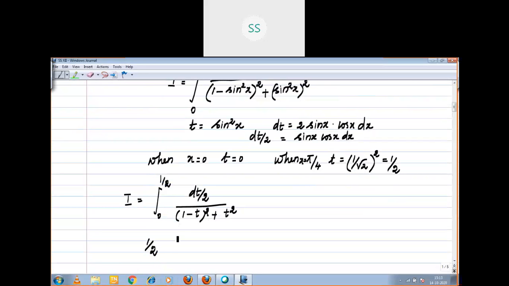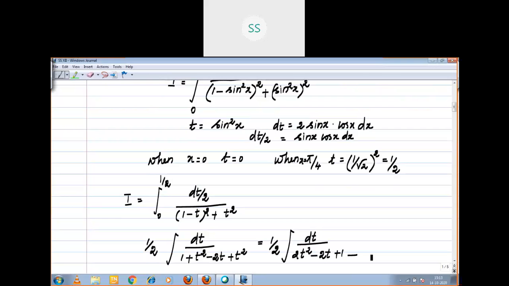Now, 1 by 2, you have to take it out. Integral dt divided by, we apply the a minus b the whole square identity: 1 plus t square minus 2t plus t square, which is equal to 1 by 2 into integral dt divided by 2t square minus 2t plus 1.